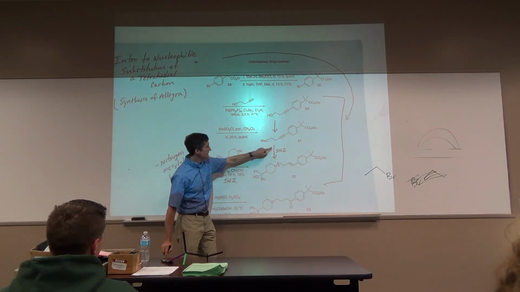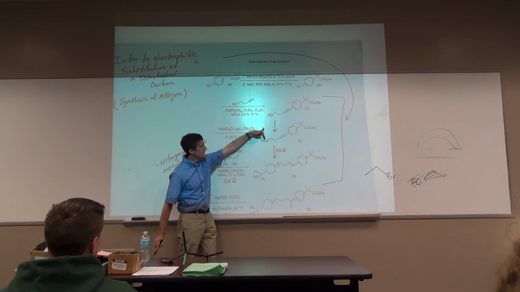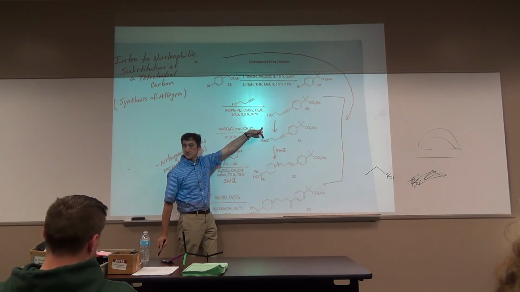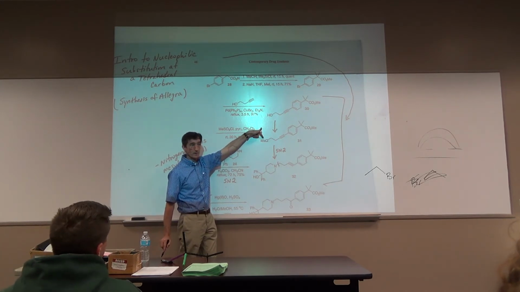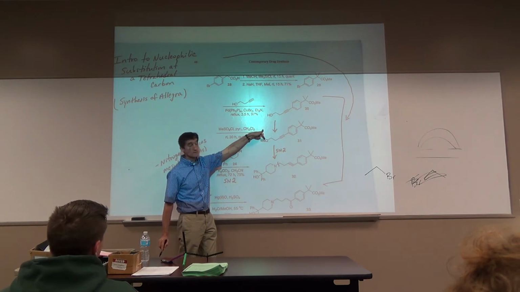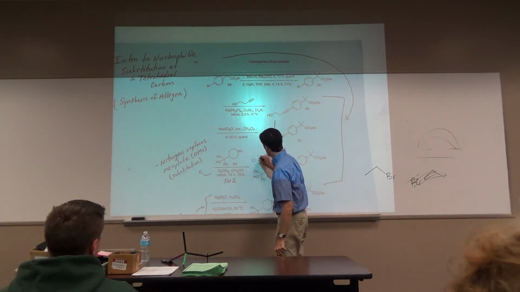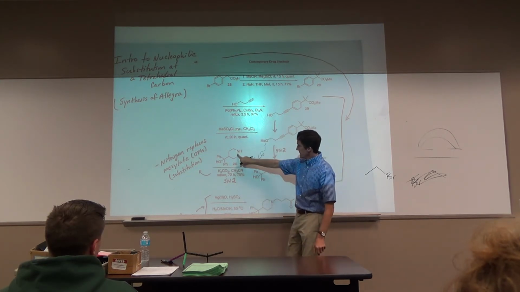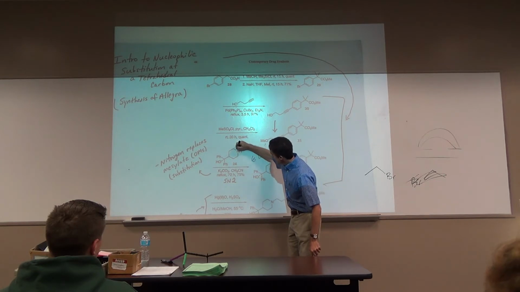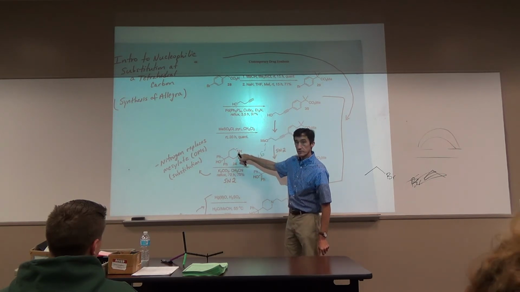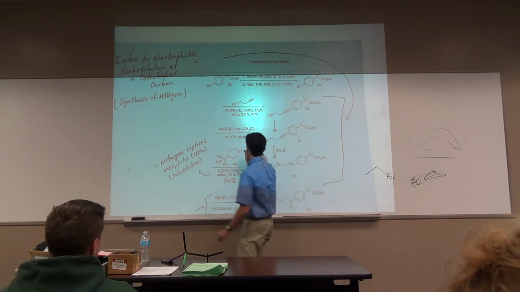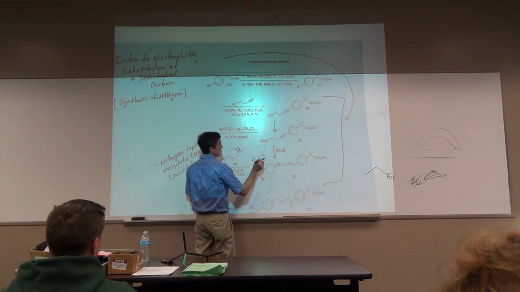Well, look at 31. That's a mesylate. Similar to a tosylate. Good leaving group, yeah? Good leaving group. They're reacting it with this nitrogen compound. Good nucleophile. What's going on?